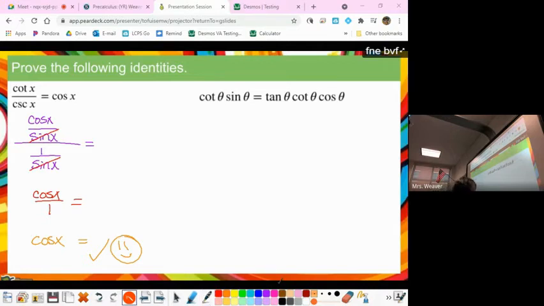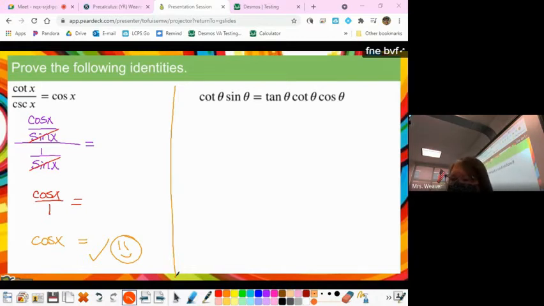All right. And our very last one here to try on the other side of the screen. Now, I put this one on here on purpose, and I want to give you a heads up before we even start. I created this one so that you're likely going to hit a point where you can't see how to simplify one side to get it equal to the other. Okay. So there's some difference of opinions about this.